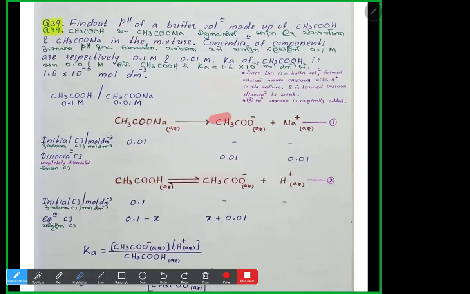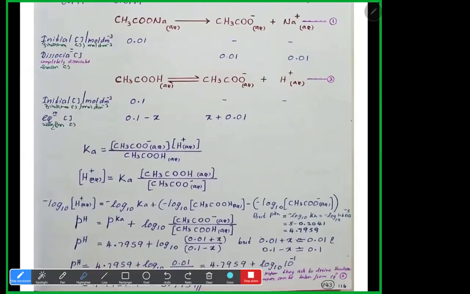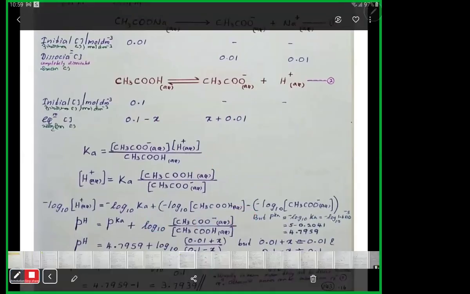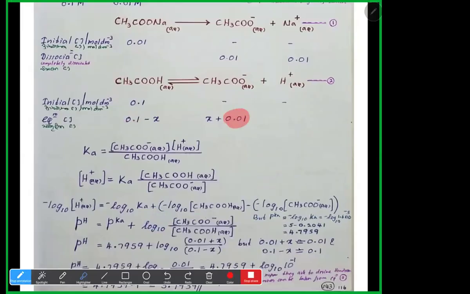Now the total acetate in the medium becomes acetate released from salt, 0.01, plus acetate dissociated from acid, that is X. But finally X plus 0.01 becomes 0.01, because this dissociation of acid is very, very weak.